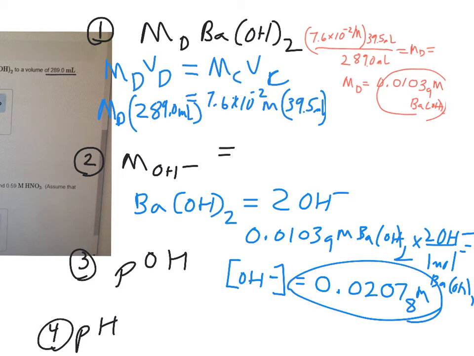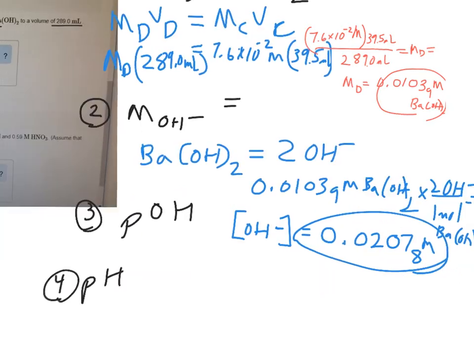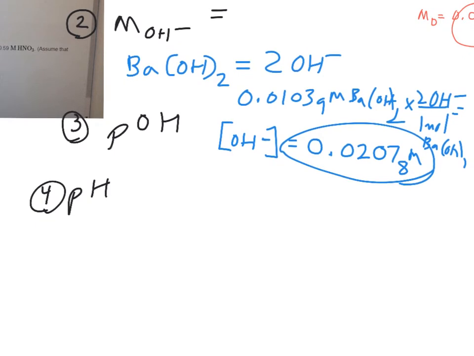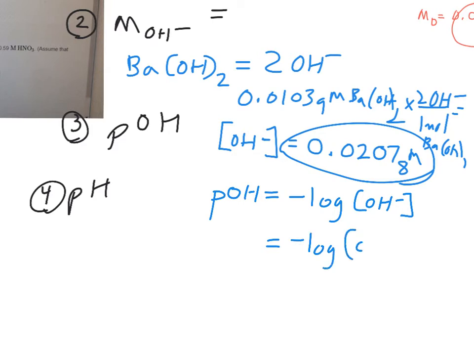So now I want to solve for my pOH. My pOH is equal to the negative log of my hydroxide ion concentration, which gives me 1.682 as my pOH.